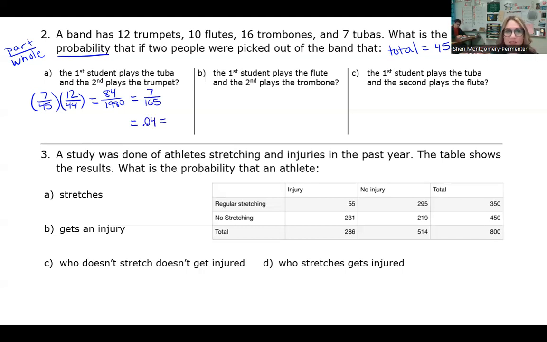And 0.04 as a percent. What is that? Very good. I'm going to give you a couple minutes to do the next 2.